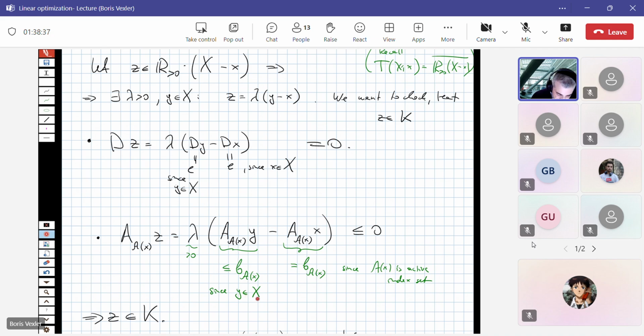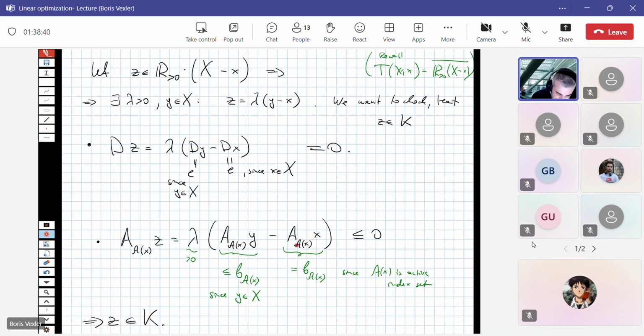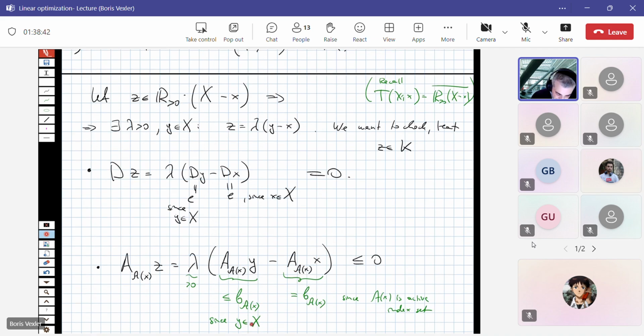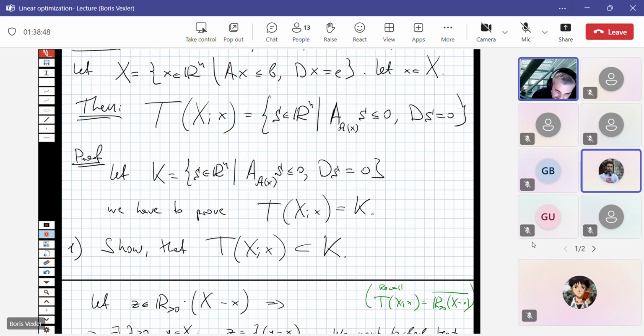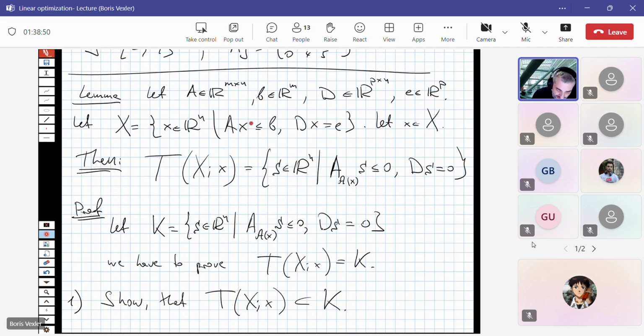Since y is an element of capital X. And what does capital X mean? Capital X means that all constraints are fulfilled. Therefore, for every element from capital X, Ax is less or equal than b. Therefore, if y is from capital X, then Ay is less or equal than b in all components, and also in some special components.